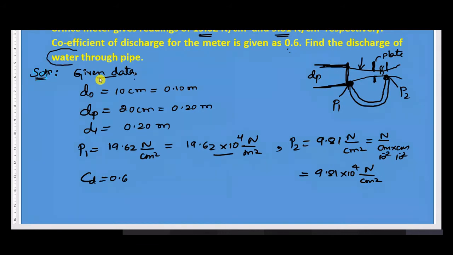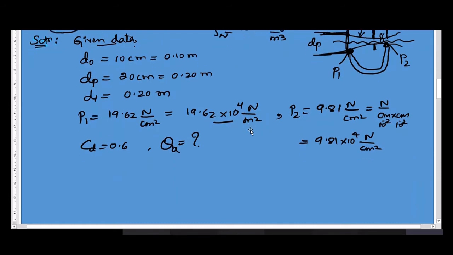We also need the density of the fluid flowing through the orifice meter, that is water, so I will write 1000 kg per meter cube as the density of water. Anyway, I have to now calculate the discharge. Find the discharge. When CD is given, of course, you need to find the actual discharge. If CD is not mentioned in the statement of the numerical, then it is the theoretical discharge. Okay, these are the step 1 data we have written.